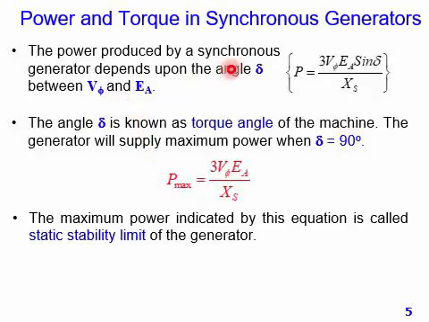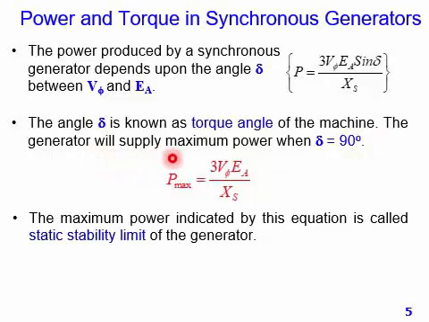This is basically the angle between V phi and EA, the internal voltage and output voltage. The angle is known as the torque angle. So this delta is the torque angle of the machine.